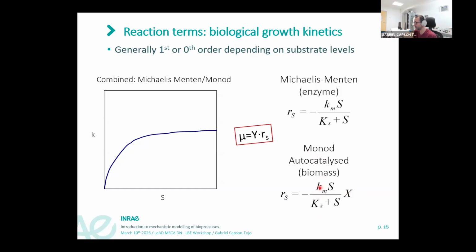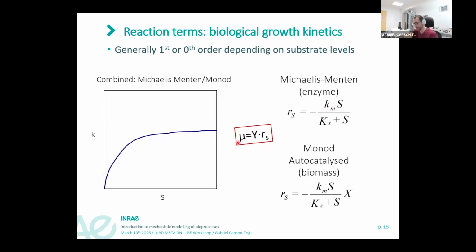Here I'm using K, which is the uptake rate, or R, which is kind of the same thing. As I was saying before, the only difference between growth models and uptake models is that you divide by the yield. So if you are more comfortable working with growth rates than you are with uptake rates, you only need to multiply these values by the yield and you get your growth rate.